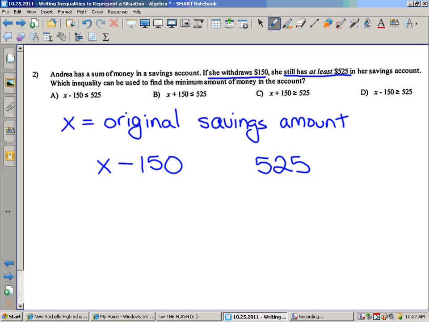Okay, so here's our great debate. We're not sure whether we're supposed to be using the one on the top or the one on the bottom. Let's think about it in terms of money. If I have at least $525 in my pocket, that's what this side is. At least.